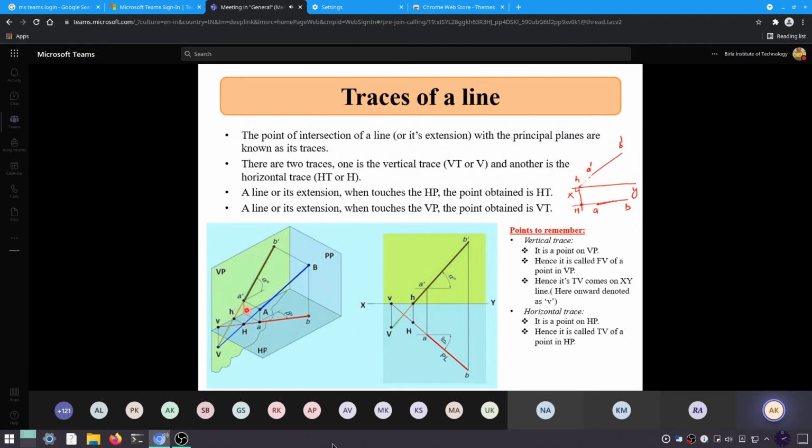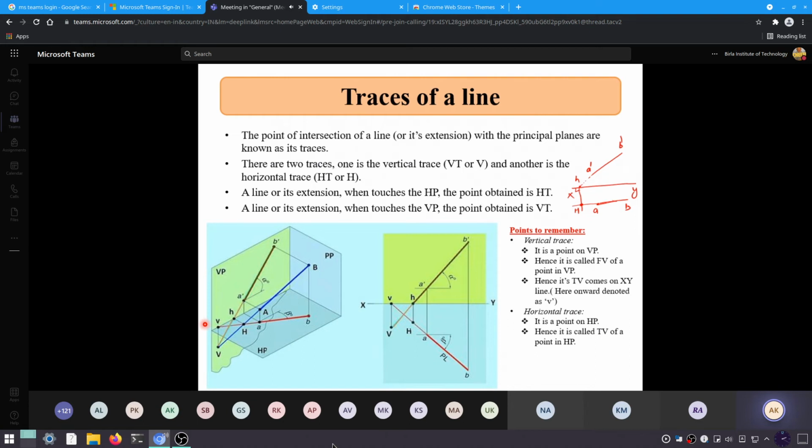If you extend it further, you will see the front view also passes through the vertical trace. However, the top view does not pass through the vertical trace, but the top view also meets the vertical plane at a different point which is in line with the vertical trace. Is this clear to all of you?